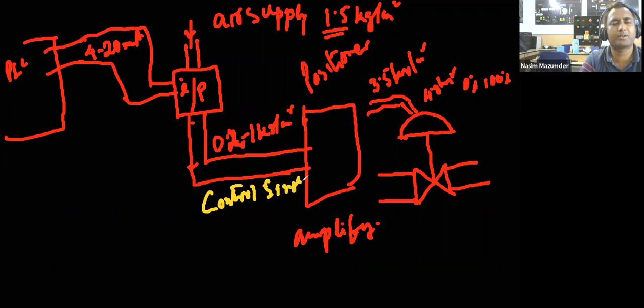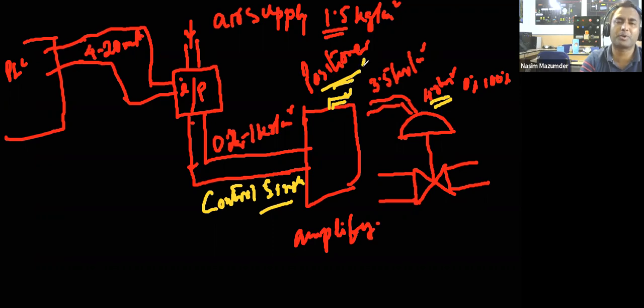This is acting as your control signal for this positioner. And once again, you have to give a supply air pressure to this positioner, based on the maximum pressure you want.